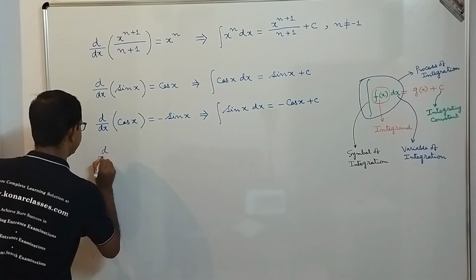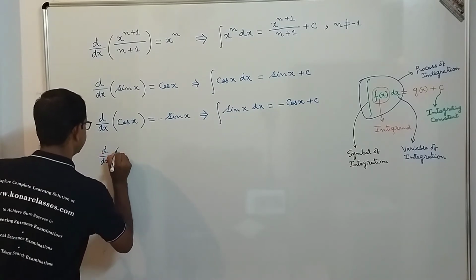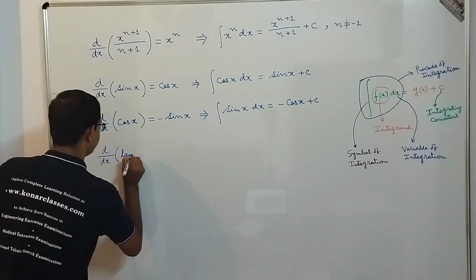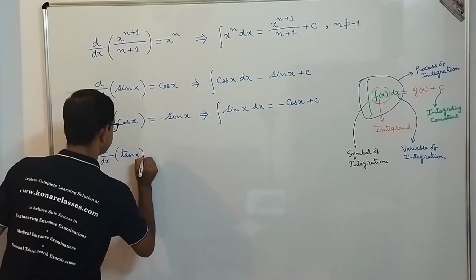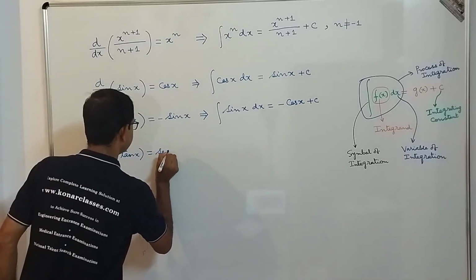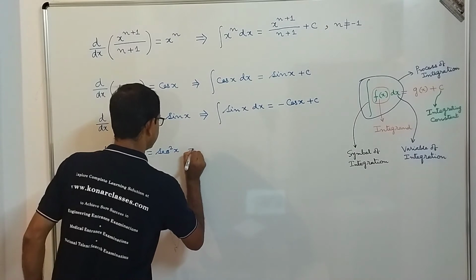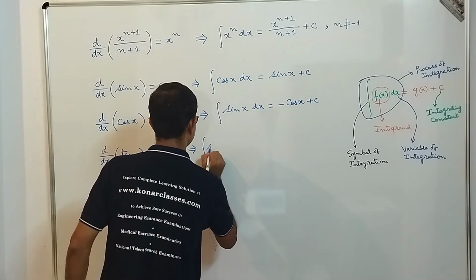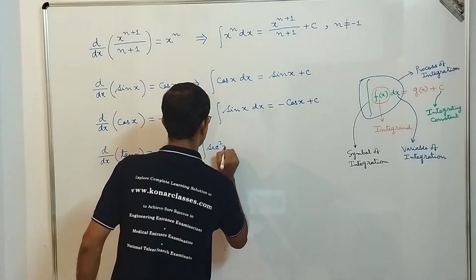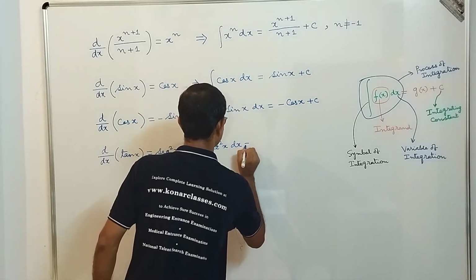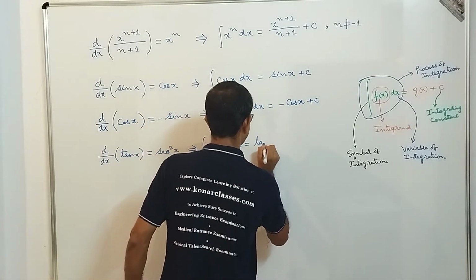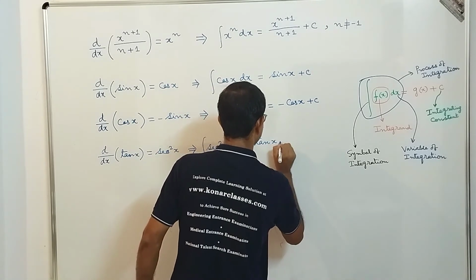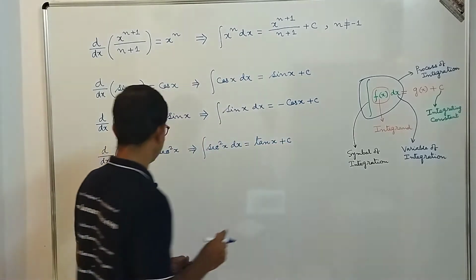You know that d/dx of tan x is equal to sec square x. So this implies that the integration of sec square x dx is equal to tan x plus c, correct?